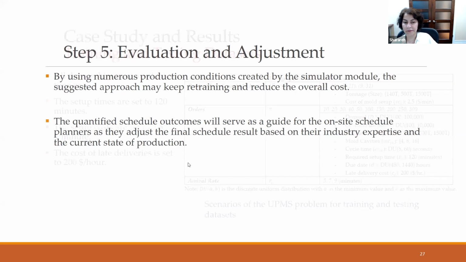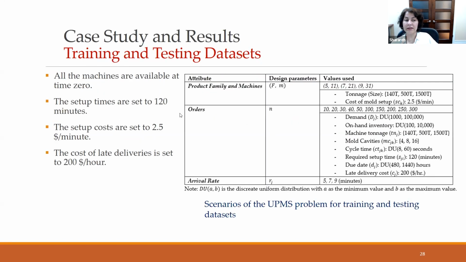As a case study, the parameters come from a real case, from the collaborative project we did with an industry partner. Scenarios are generated based on two features: the number of product families and the number of machines.